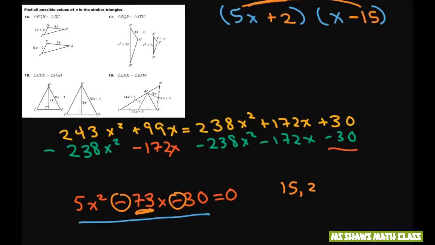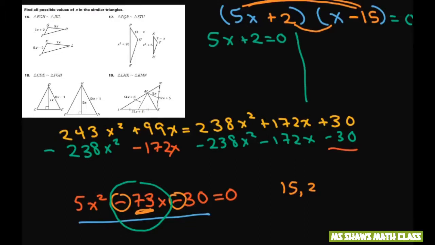So that will give me my negative 75 plus 2 gives me my negative 73 here. So then set that to 0 and set each piece to 0. So solving for x here, subtract the 2, then divide by 5. And this one's just going to be x equals 15.